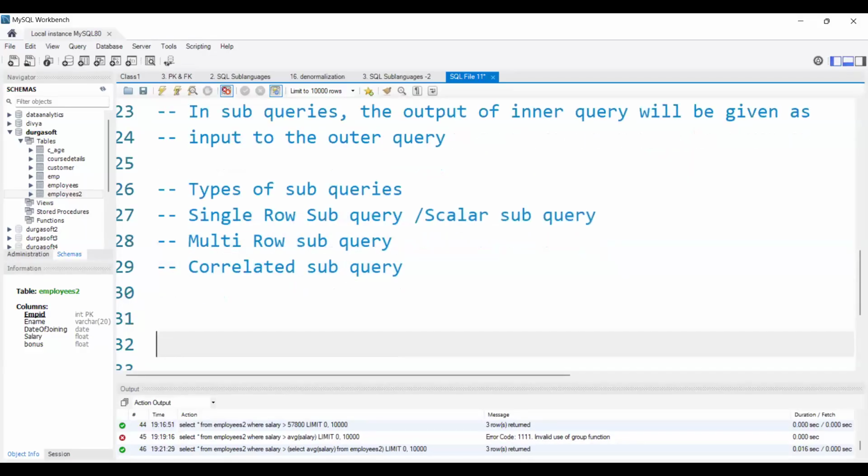So first, as I said, we have the single row subquery. From the name itself we understand that a single row subquery is a subquery which returns a single value.